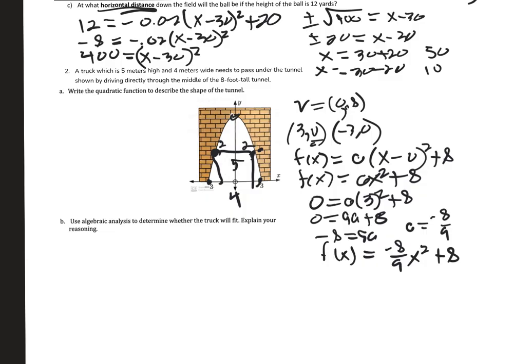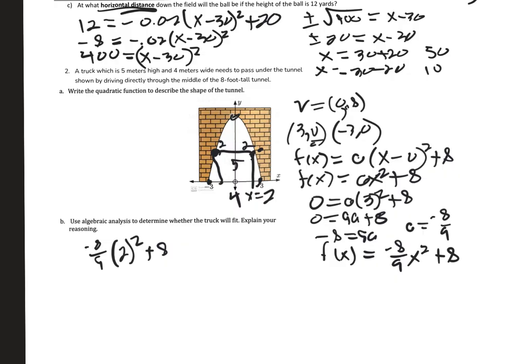So what we're going to do is we're going to figure out when x is equal to 2, what's the y value in our function? If it is less than 5, then we are going to fit. If not, we're not going to fit. So we'll plug it in. So we'll plug in negative 8 over 9 times 2 squared plus 8.